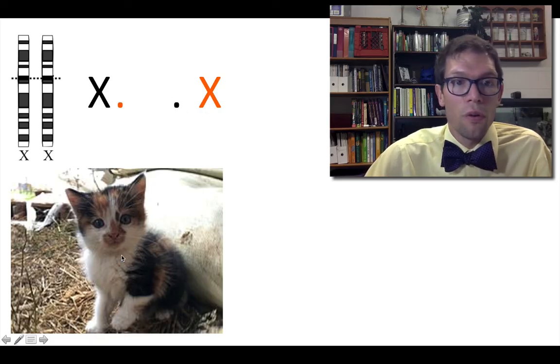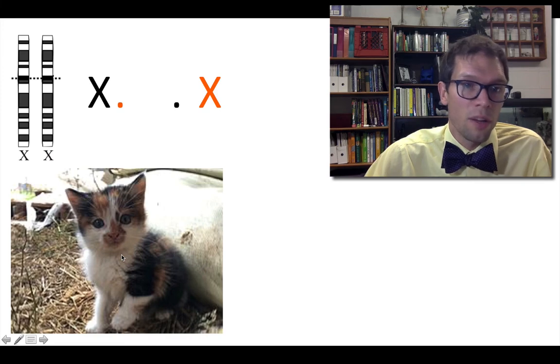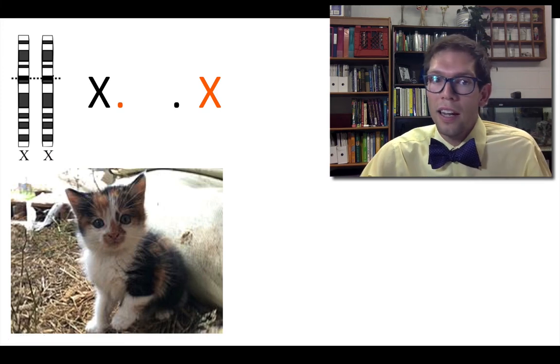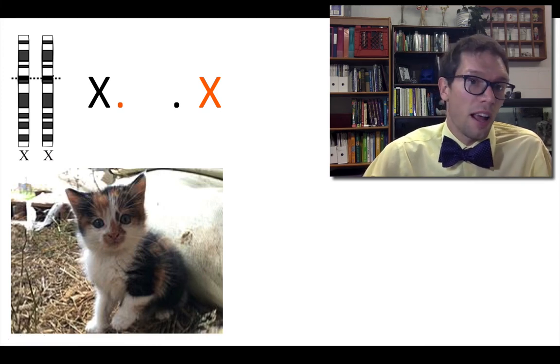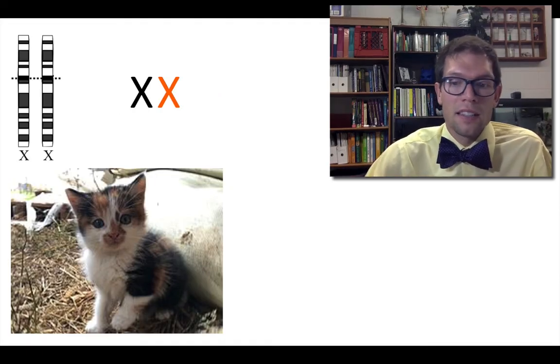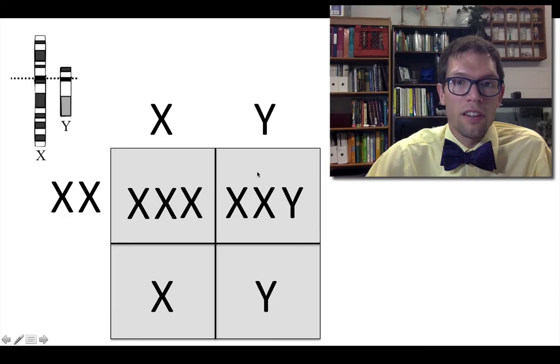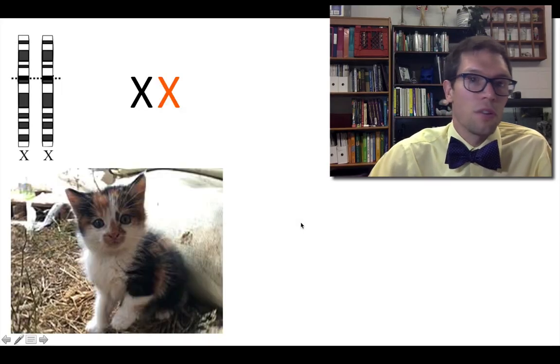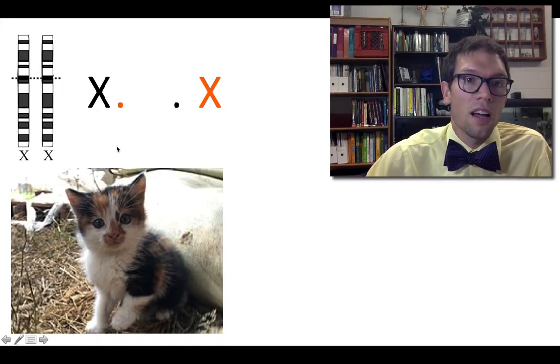So if you know someone that has a calico cat, more than likely they're going to be a female. There is an exception to this, and that would be cats that would have this Klinefelter's syndrome to it. But for the most part, some of these cells early on in development had the one X deactivated, and so they end up with these black spots on them.